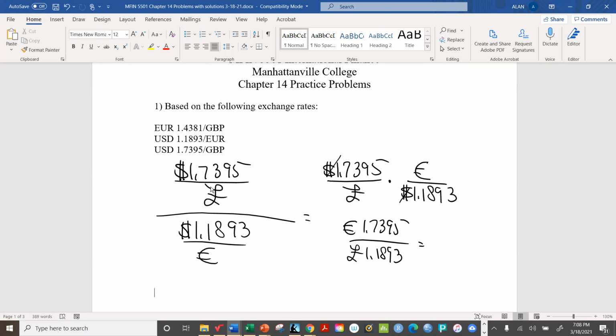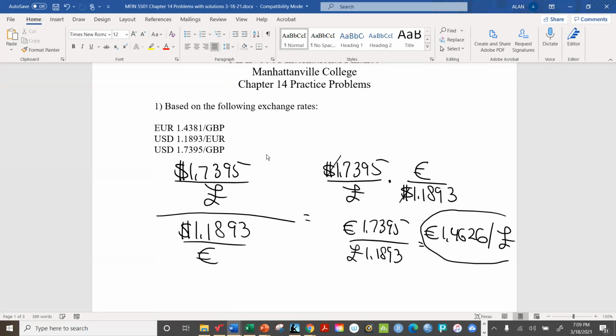And so that reduces to 1.7395 divided by 1.1893, which equals approximately 1.4626 per pound.